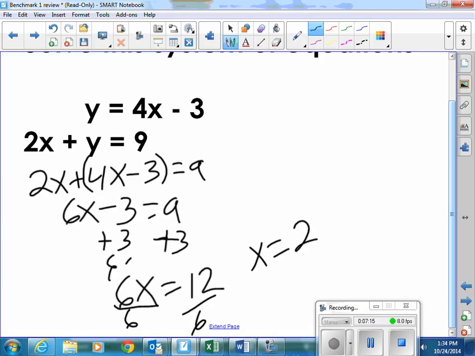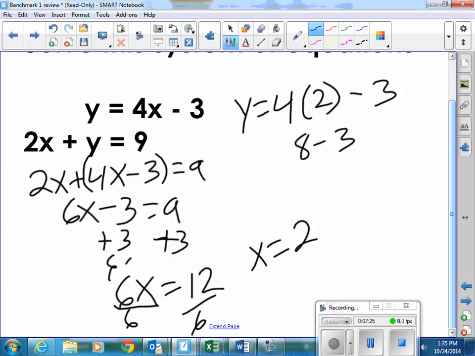Well, y is 4 x's minus 3. 4 2's is 8. 8 minus 3 is 5. So y equals 5. So as a coordinate, we would say the x term first, and then the y term, 2 comma 5. That's a single solution. There's 2 parts to it, the x and then the y.